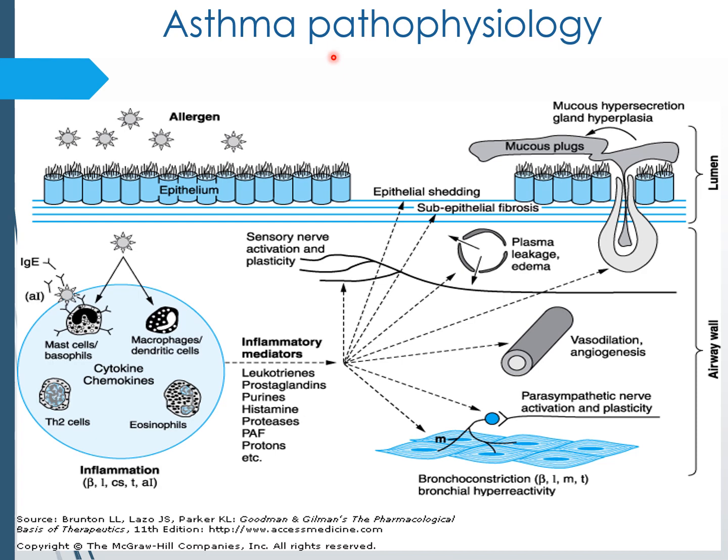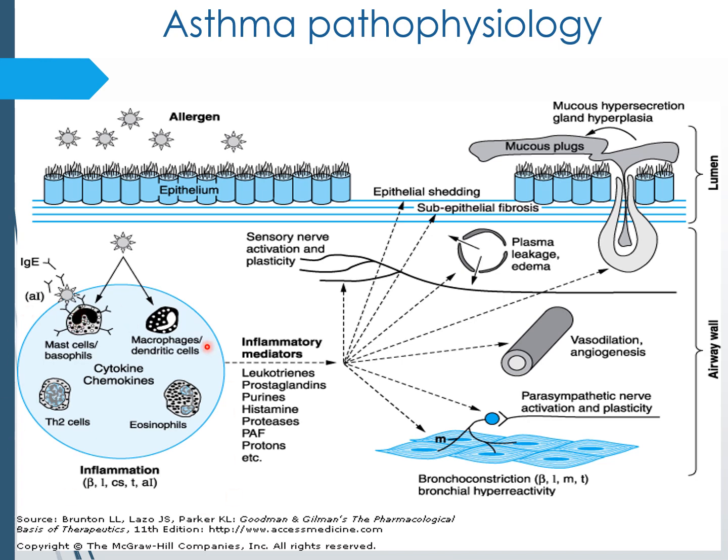Okay, this is the process underlying the cellular and molecular mechanism driving the pathophysiology of asthma. During inhalation of allergen, the airway epithelial cell, the first cell to come into contact with the allergen, produces various cytokines and chemokines that recruit various inflammatory cells to the site of inflammation, for instance, into the lung.